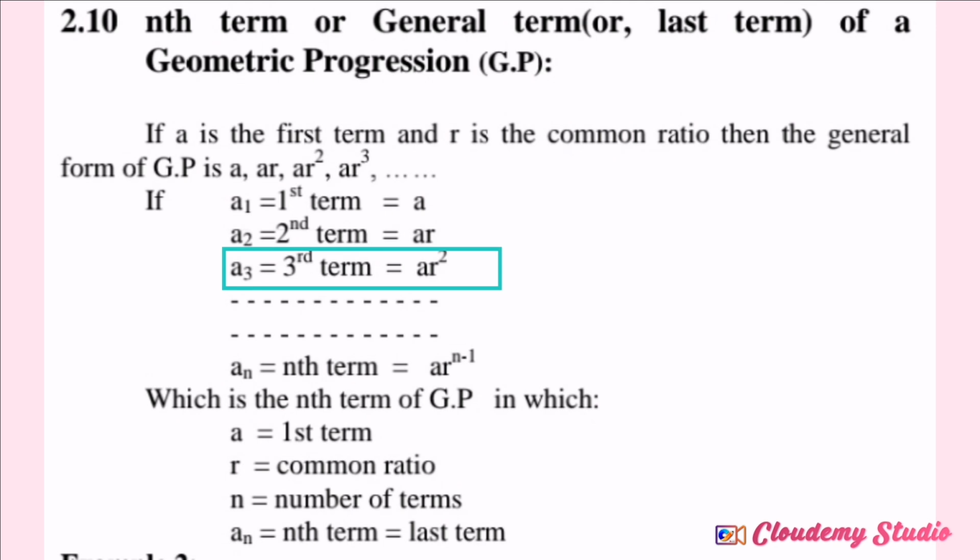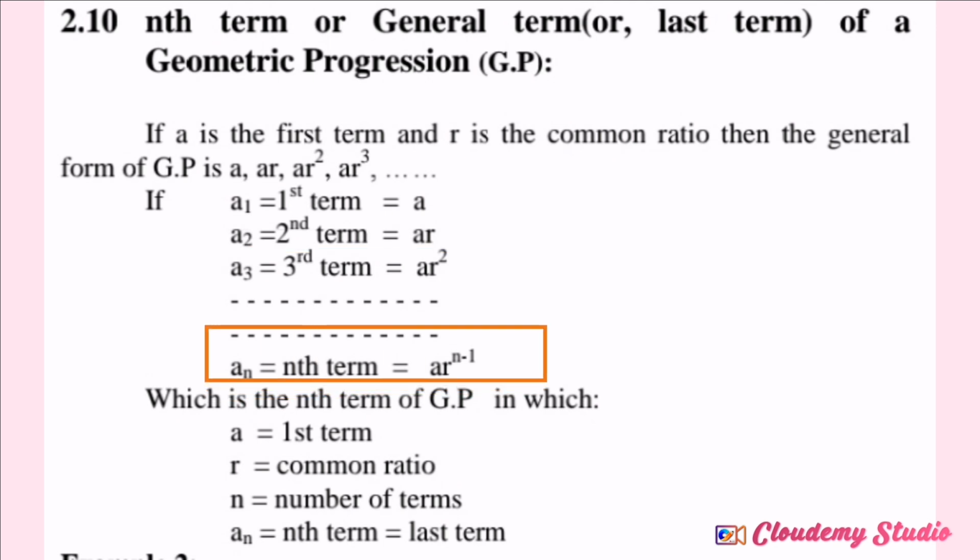So the general term a_n is equal to A R raised to the power n minus 1, which is the nth term of the geometric progression, in which a1 is the first term, R is the common ratio, n is the number of terms, and a_n is the last term or general term.